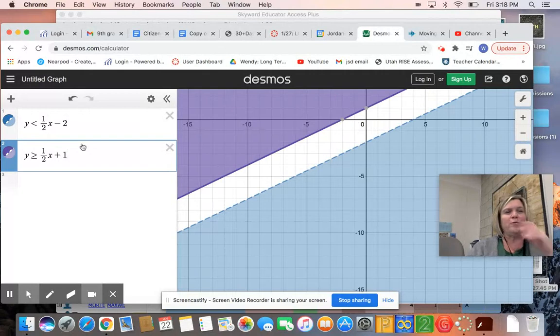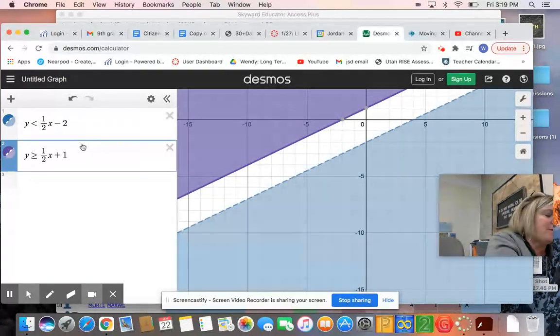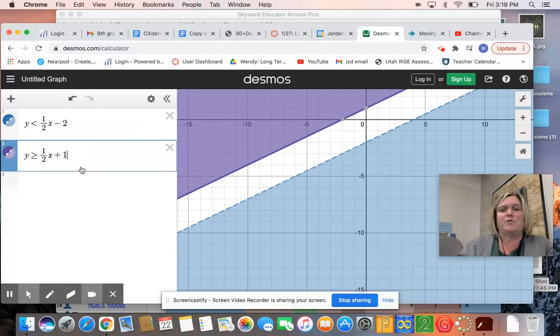What do we notice? Both of the 1/2 x is our slope, and if the slopes are the same, then the lines are going to be parallel, right? So that means there is no solution, because at no time are they going to be overlapping each other. So number 11 is no solution. Okay, let's do number 13.